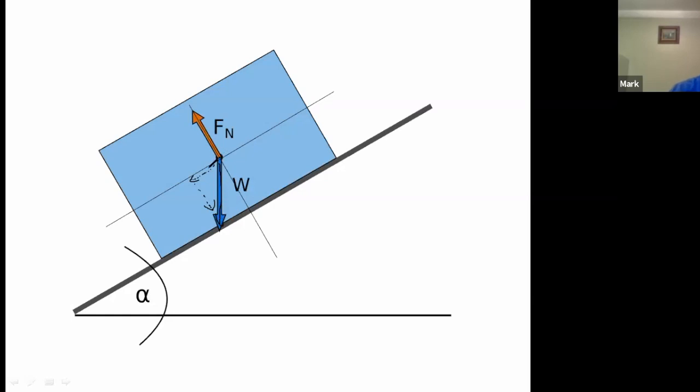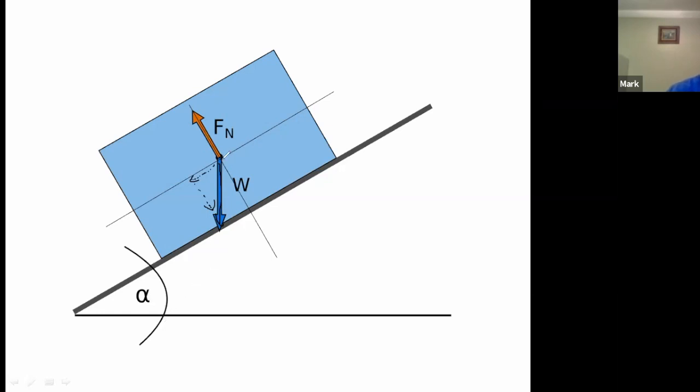Notice how these two dotted arrows are in the axes. This one is in this axis, and this one is in this axis. So now they're very comfortable for us to work with. Well, how do we break something into components? We have to use angles and some trigonometry.